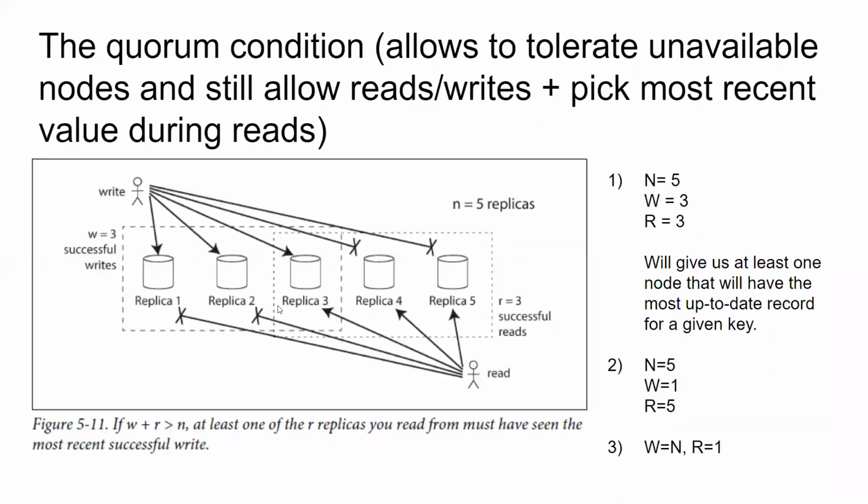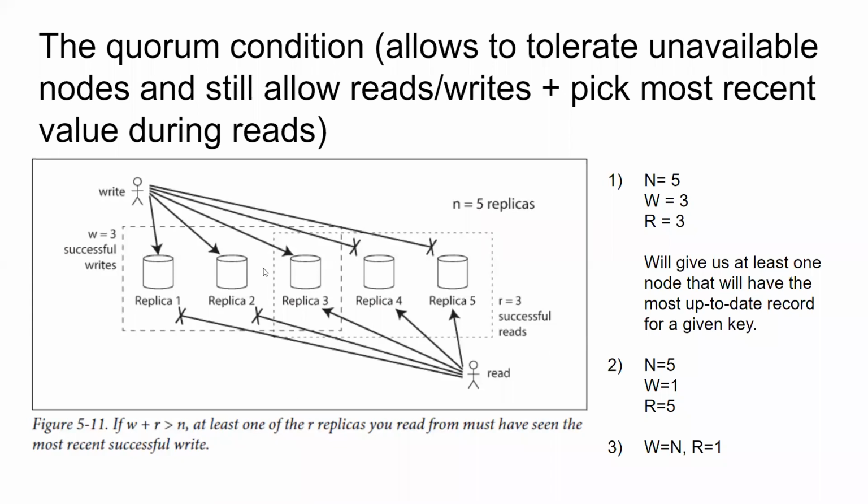So this is an example to illustrate that. You have a 5-node system, so your N is 5, and they have taken W as 3 and R as 3. W as 3 means I need confirmation from these 3 nodes, which is 1, 2, 3 here, to confirm that my write is good, and similarly for read.